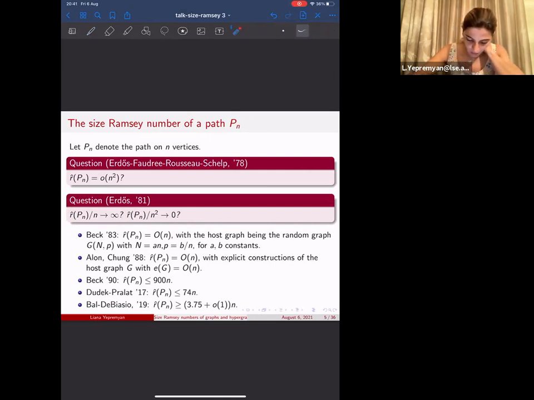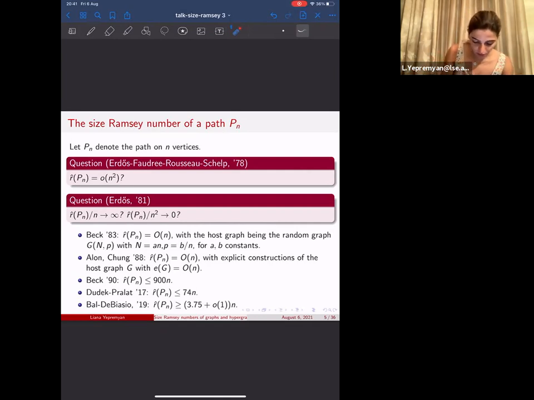It's at most some constant times n. And when I say host graph, I mean the graph which is Ramsey for the path P_n. The host graph is the random graph G(N,p) with appropriate density.